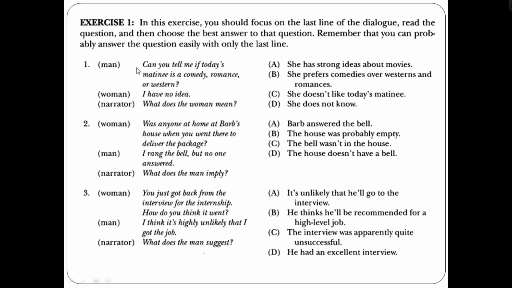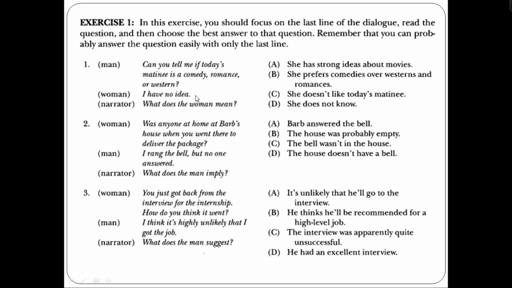Number 1: Can you tell me if today's matinee is a comedy, romance, or western? I have no idea. What does the woman mean? All we have to do is focus on the second line. The woman said that she has no idea.